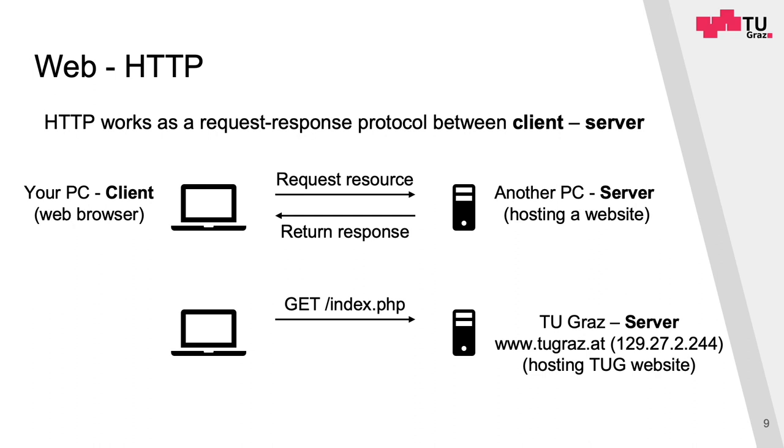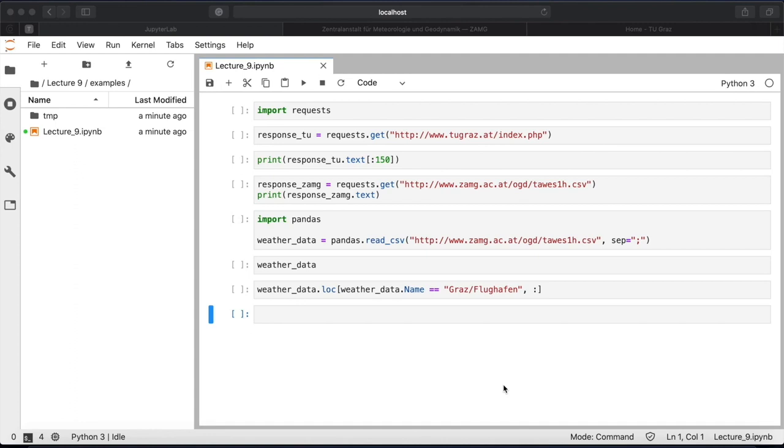And again, we can request the TU Graz website by sending a GET request. So this means get the index.php file from the website, and then the TU Graz server returns the file content of the requested resource. With that said, let's look at an example using Python again.